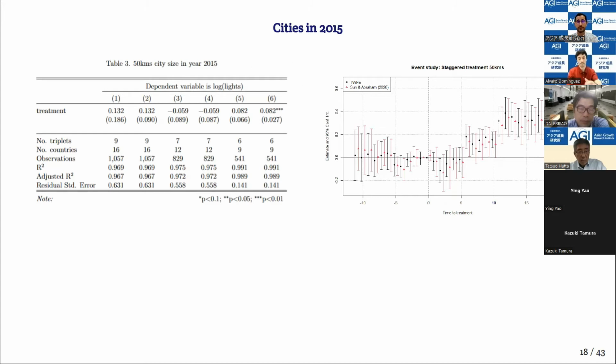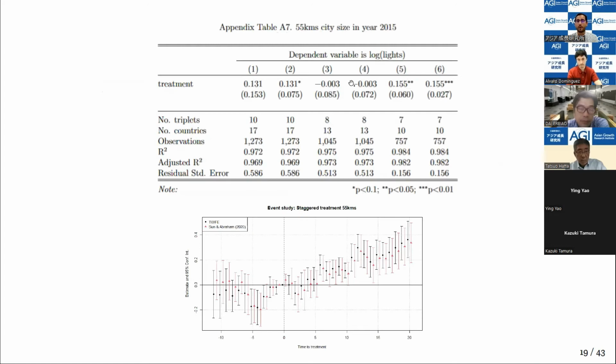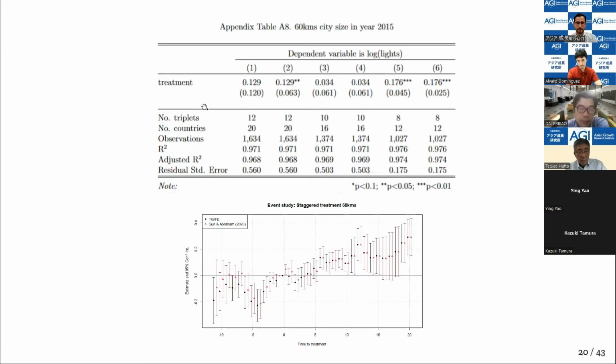That's for the year 2015, and a radius of 50 kilometers. If we go beyond to 55 kilometers, we even find more significant coefficients. However, we have to relax the parallel trends assumption a bit, because for at least 2 years, they're statistically lower than 0. We want it to be statistically not different from 0. And the same happens for 60 kilometers.